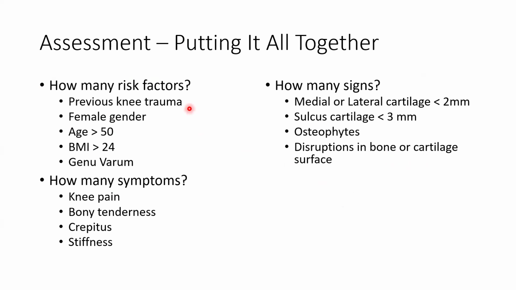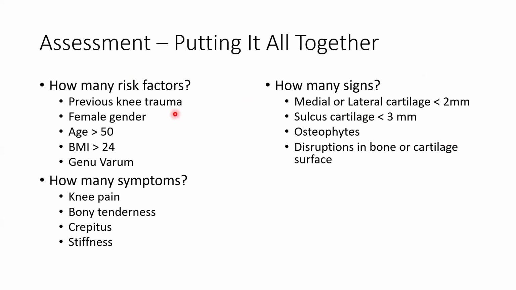And obviously, the more signs that a person has, the greater their risk might be. For example, you're probably going to see a lot of females over the age of 50 with a BMI greater than 24. But if they don't have any symptoms and their cartilage all looks like it's a grade 1 or better, they're probably pretty low risk for osteoarthritis.